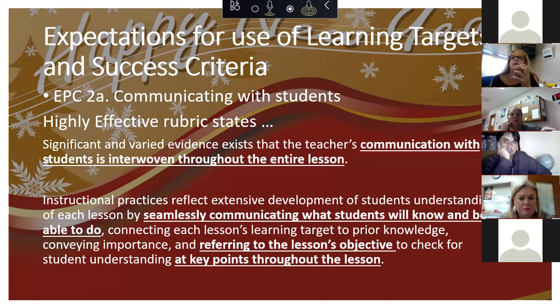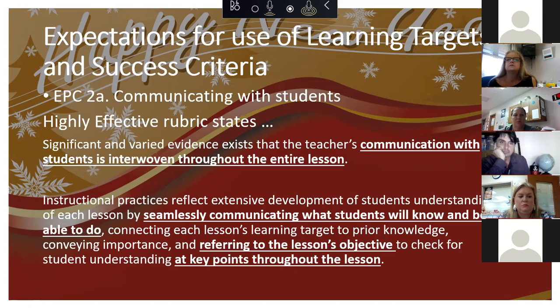And we're communicating what the students will be able to know and be able to do. And we're referring to the lesson objective at key points throughout the lesson. Okay, so this is the highly effective rubric on EPC 2A.